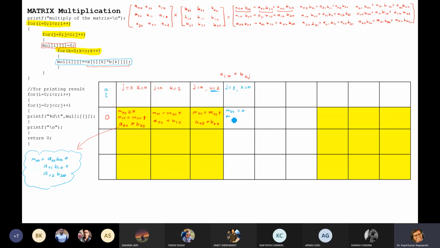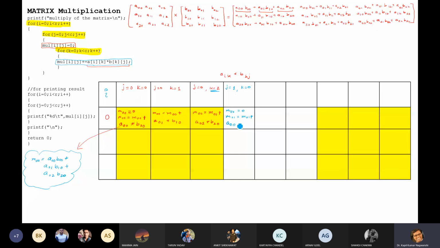So M01 equals M01 plus A. What is the value of A? It is AIK. I is 0 and K is 0.